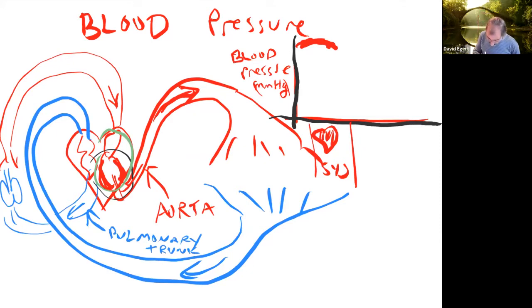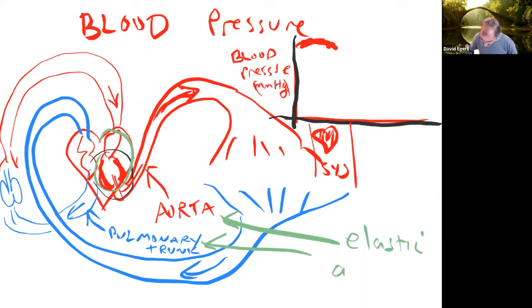Both of these are what we call elastic arteries, meaning that they have a lot of elastic tissue in their wall. They're really super stretchy. So think of them as like these really big, thick rubber hoses.